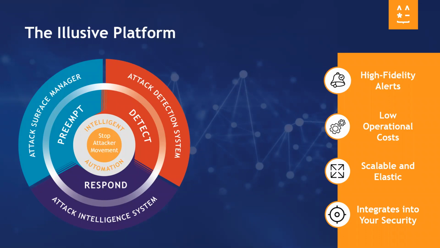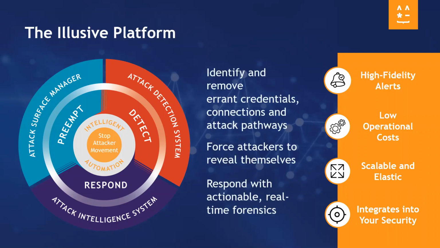So we do have high fidelity alerts, and really an approach that scales and is really low maintenance. And Rick will touch more on those technical capabilities in the next few slides.